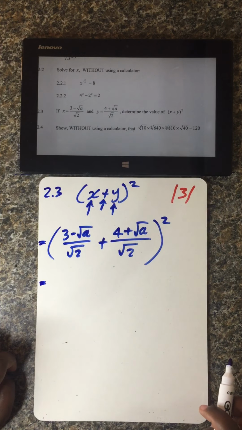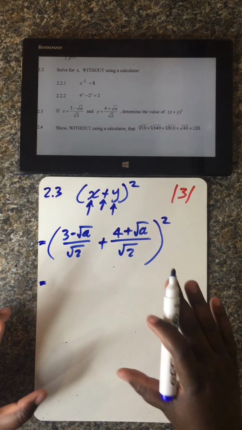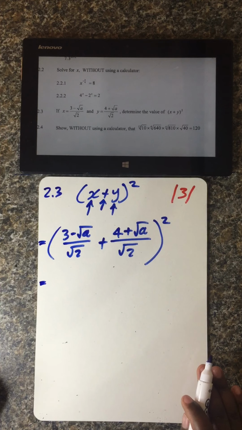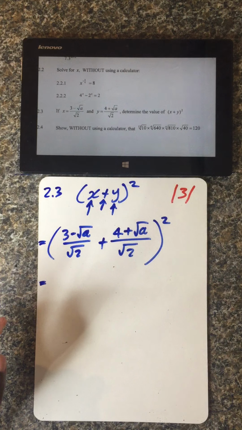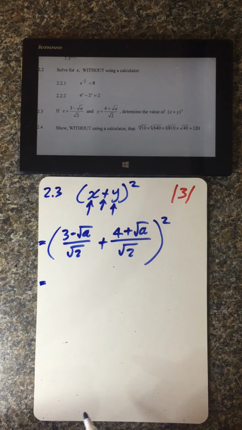So now what you need to do is to simplify. It's either you simplify or write this in different forms. It's of high importance that you know how to write the given expression in its reverse form.